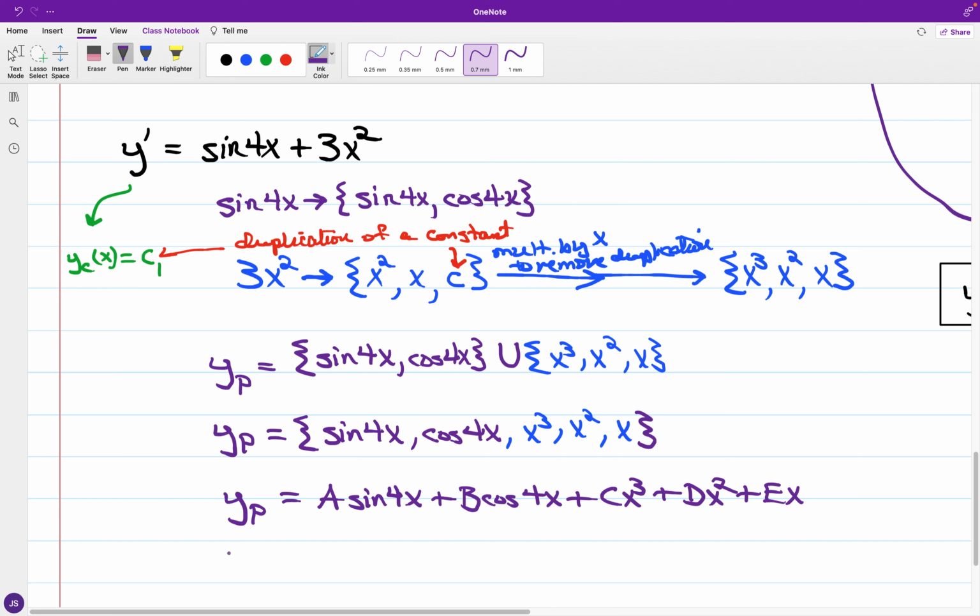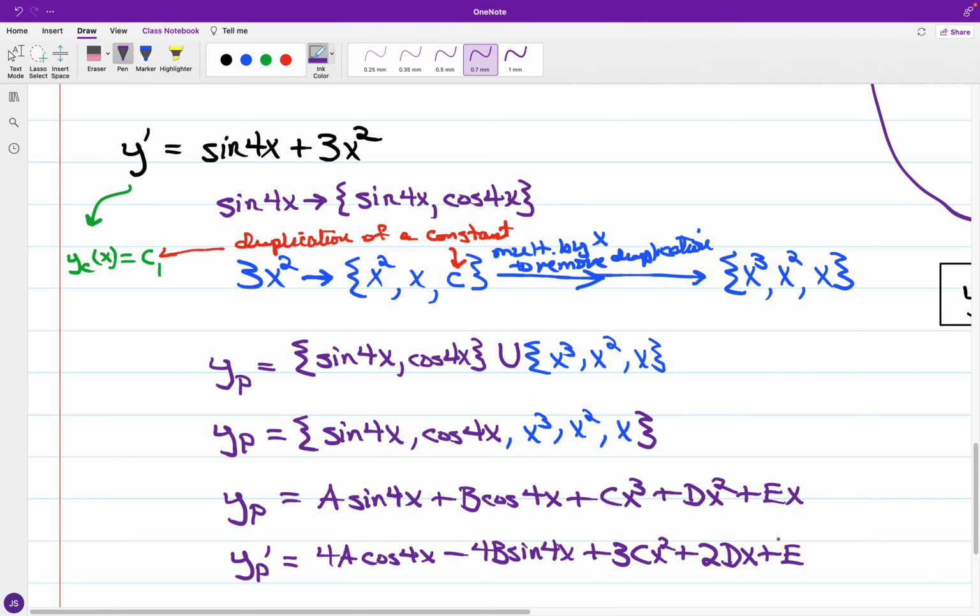So I'm just going to take y sub p prime. If I take the first order derivative, I have 4a cosine of 4x minus 4b sine of 4x, and for cx cubed, we have 3cx squared plus 2dx plus e.